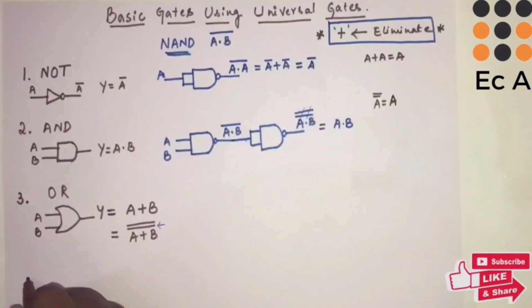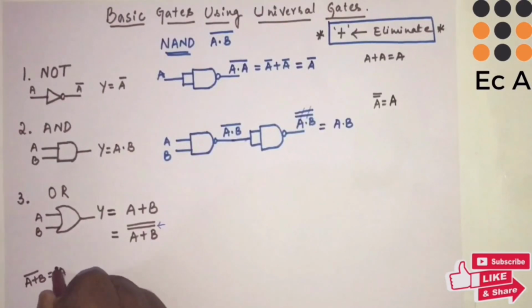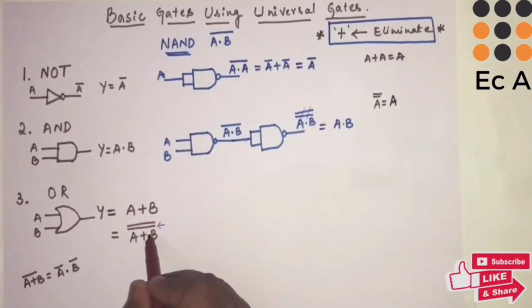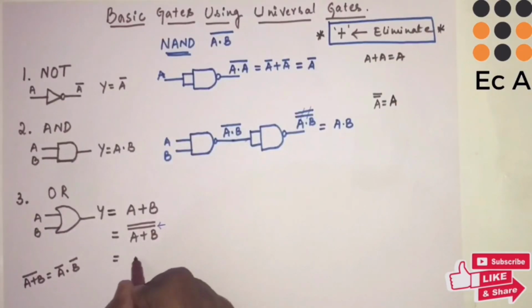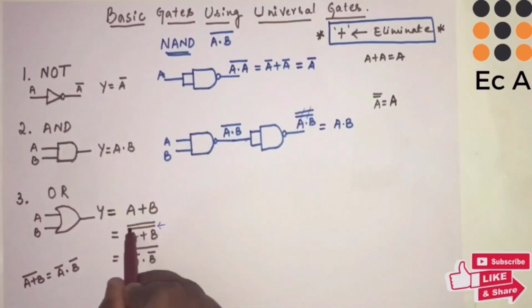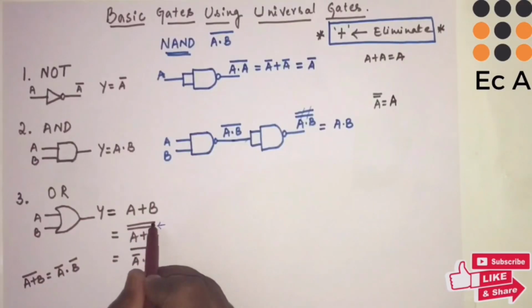We know that (A plus B) whole bar can be written as A bar dot B bar. So we will get the equation as (A bar dot B bar) whole bar. We have simplified only the inner bar and retained the outer bar.